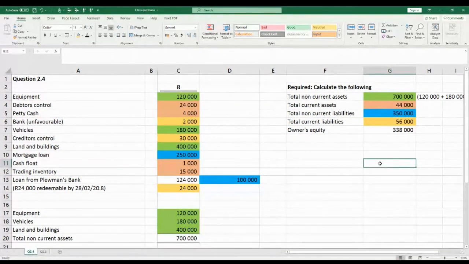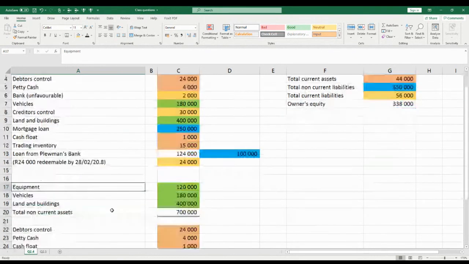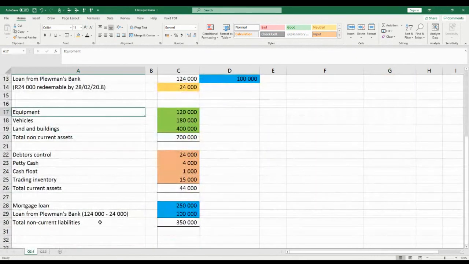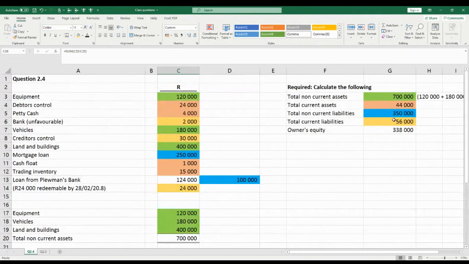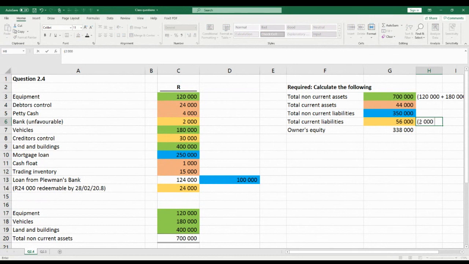Okay, Nankanta, the total for total current liabilities. So how we got to the total current liabilities: I took the 2000, which is the unfavorable bank balance, so that's a bank overdraft.